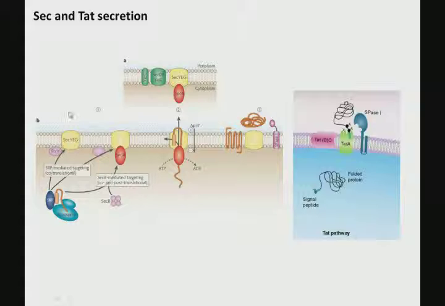Okay, so this is just a reminder of the SEC and TAT translocation pathways, so what I've just said. Basically for SEC secretion, there are at least two ways that the translocation can take place: either as a nascent chain directly from the ribosome that gets delivered to SecYEG by the signal recognition particle, in blue here, or they can be SecB-dependent substrates. So that takes place co- or post-translationally.